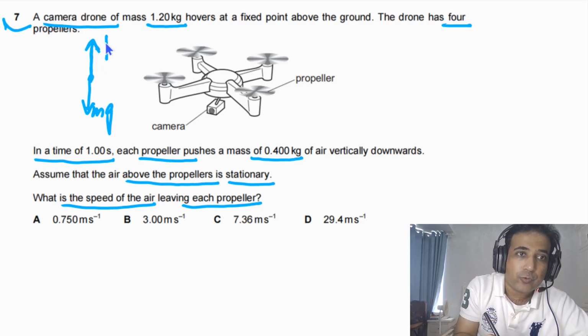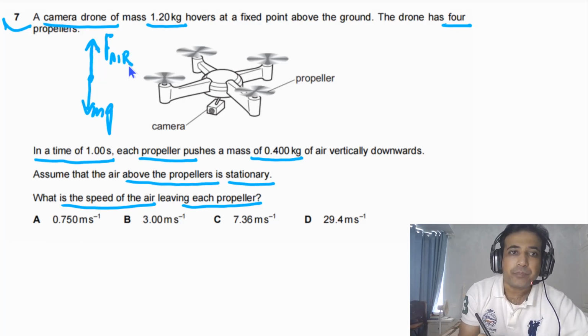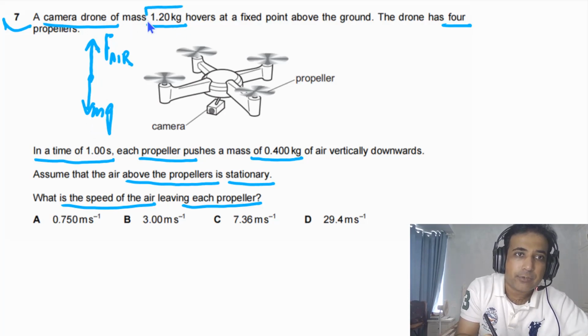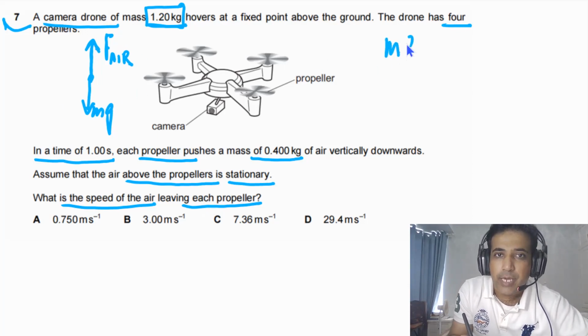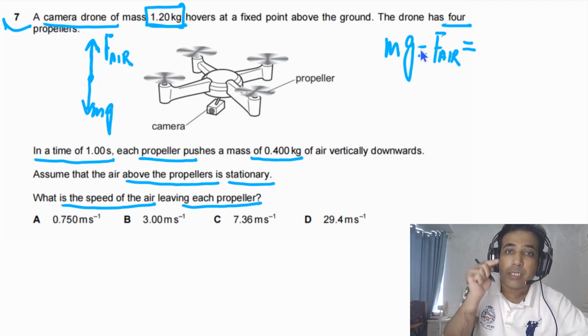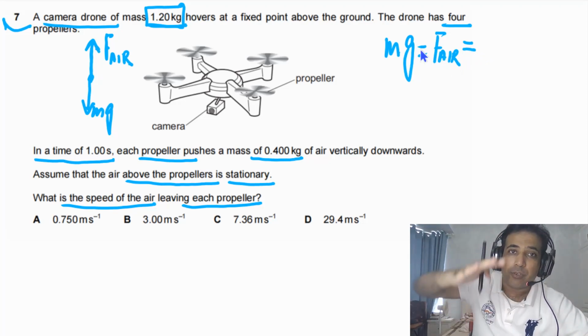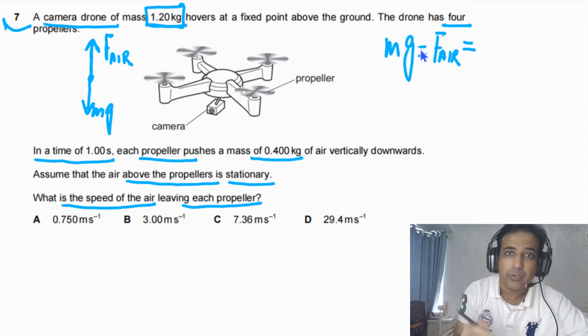So this is the force by air. In this case we have mg, because we have the mass of the drone, so we need to calculate this force. If we have calculated this force, then we can calculate the speed from here. So simply we will write down mg is equal to F air, and F air is the resultant force on the air because the drone is pushing air in downward direction.